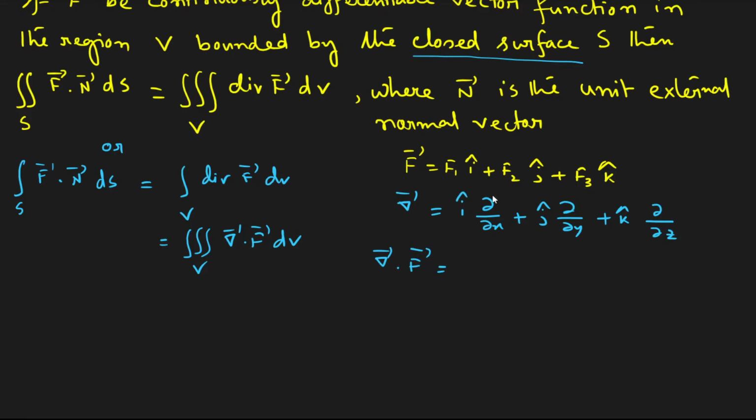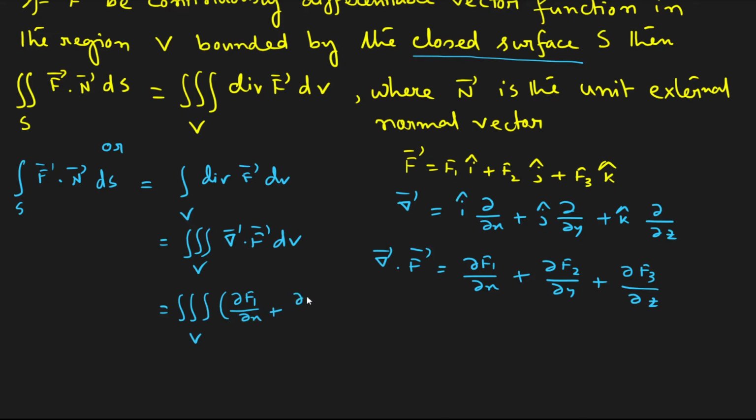So nabla bar dot F bar means i dot i is 1, so it will be del F1 by del x plus del F2 by del y plus del F3 by del z. This is how we find nabla dot F bar. After putting it here, it becomes triple integration over V of del F1 by del x plus del F2 by del y plus del F3 by del z, and now this dV will become dx dy dz.